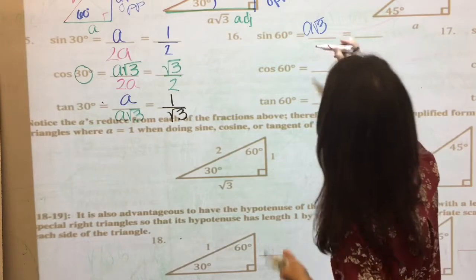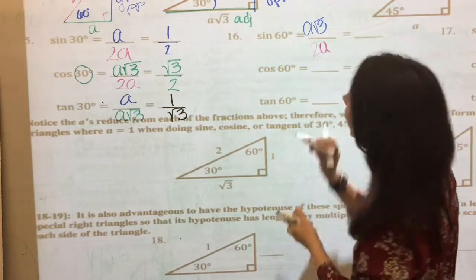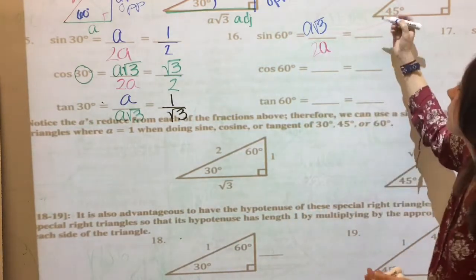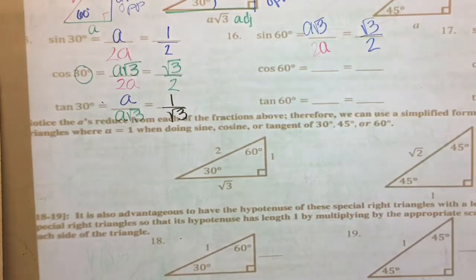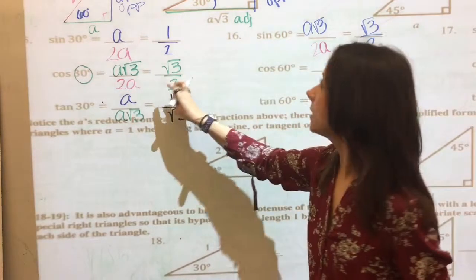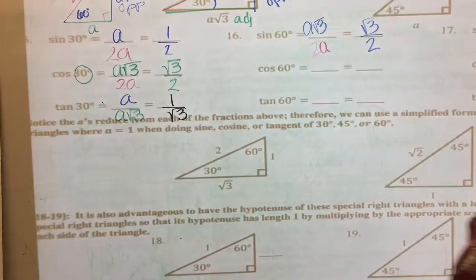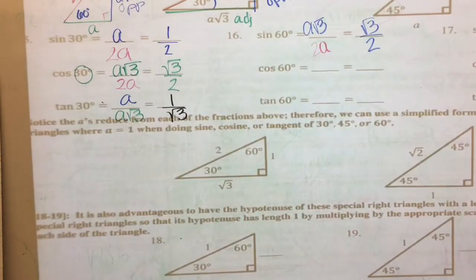And what do I get when I reduce that? Root 3 over 2. Didn't I say, guys, that we were going to have a repeat? Did I get a repeat value? Yeah. Bam, bam. And that's because cosine and sine have a relationship. They come from the same triangle.